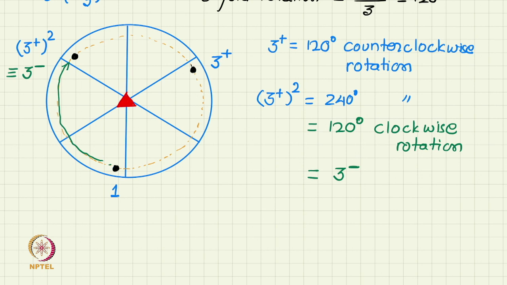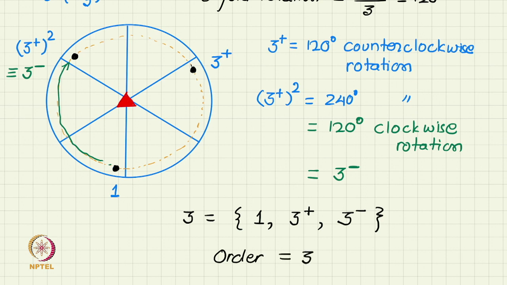So, you can write the group 3 as 1, and the next operation is 3 plus, the next operation is 3 minus. So, only 3 operations are there, the order is 3. So, 3 operations, 3 equivalent positions and these symbols.